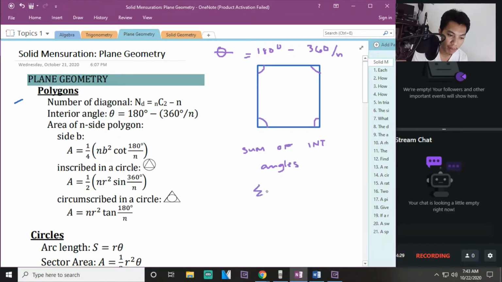Ganito yun, the sum of interior angle equal to... pwede bang n, the number of sides multiplied by... Ewan kung tama ako.